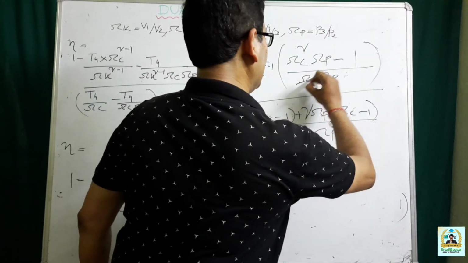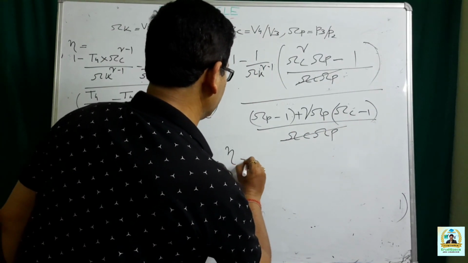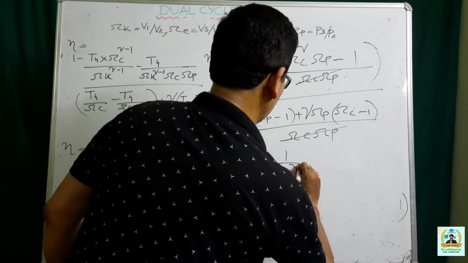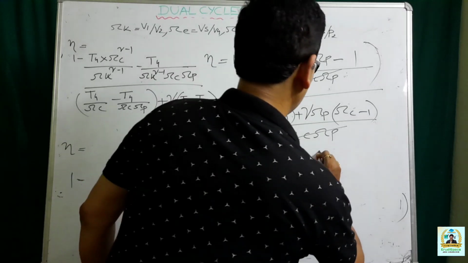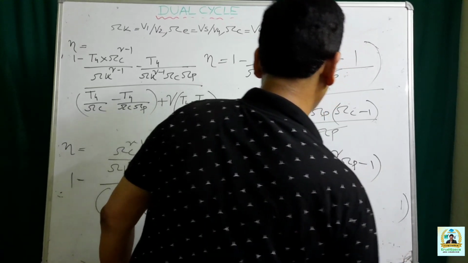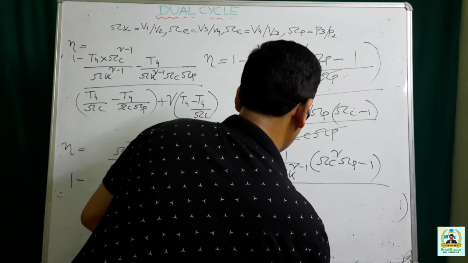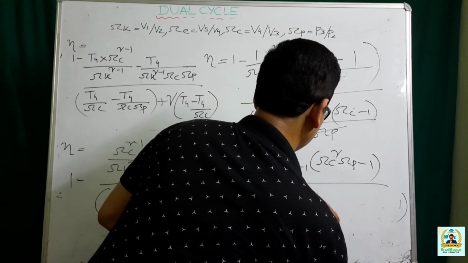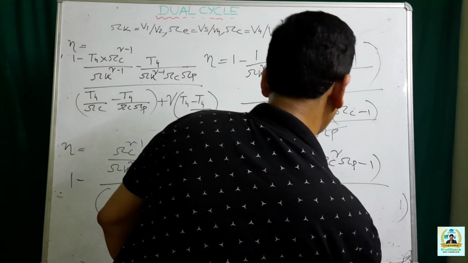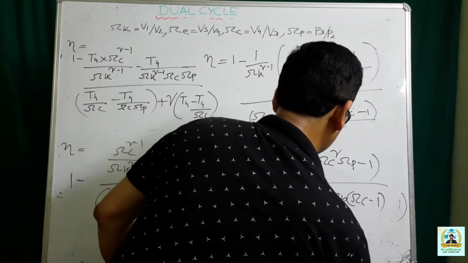Now this RC into RP will cancel out this RC into RP, and ultimately you get eta as 1 minus 1 by RK to the power gamma minus 1 multiplied by RC to the power gamma into RP minus 1 divided by RP minus 1 plus gamma into RP into RC minus 1. This you can denote as equation 7.